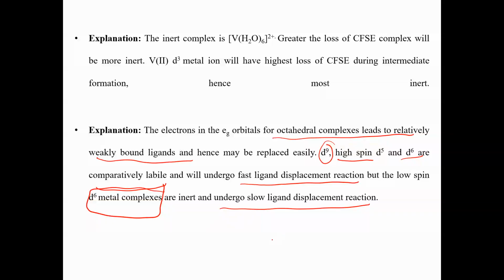Okay, so if you fill the d6 in the low spin, it will be like this, and eg will be 0. So there will be no inter-electronic repulsion, hence it will be the inert complex. So it will undergo slow ligand displacement reactions, right?